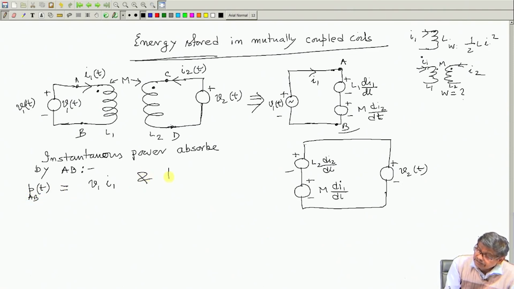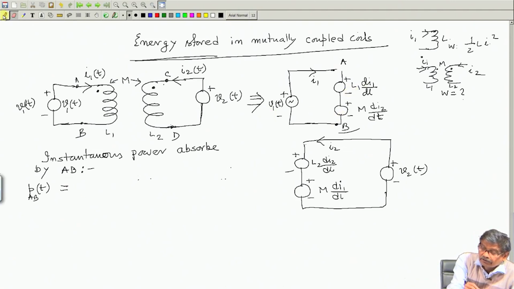And the instantaneous power absorbed by coil CD in the same way: you see the voltage between these two points, plus minus, and current is I2. So, it is absorbing power. So, this will be equal to V2 I2, if you please allow me to write in this way. The instantaneous power absorbed by AB will be the voltage V_AB, which happens to be equal to V1(t). I can write that, but I now have to find it in terms of L1, L2.